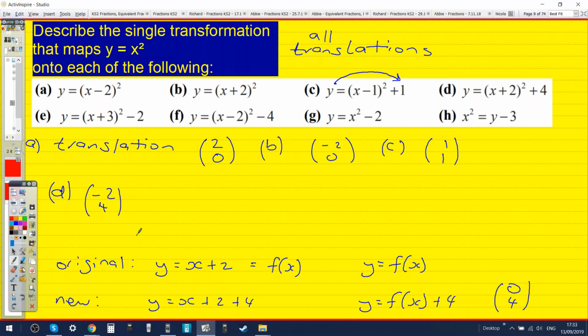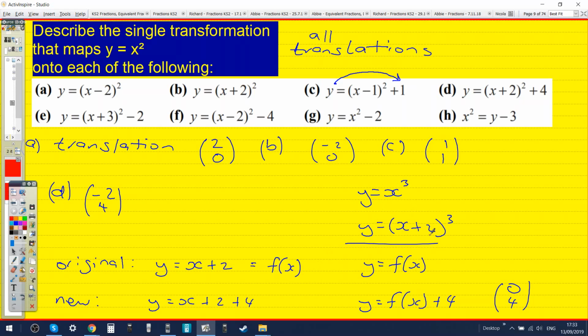No, I think you might be thinking of something else. Let's change it slightly and use x cubed. Y equals x cubed, and then that becomes y equals x plus 2 cubed.